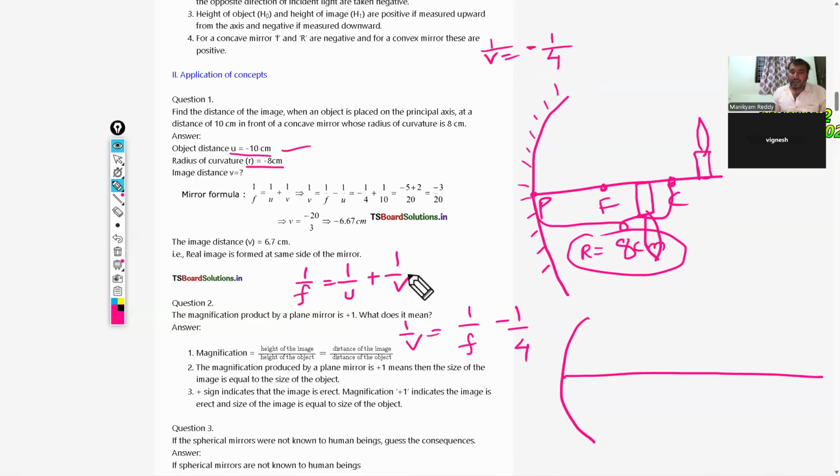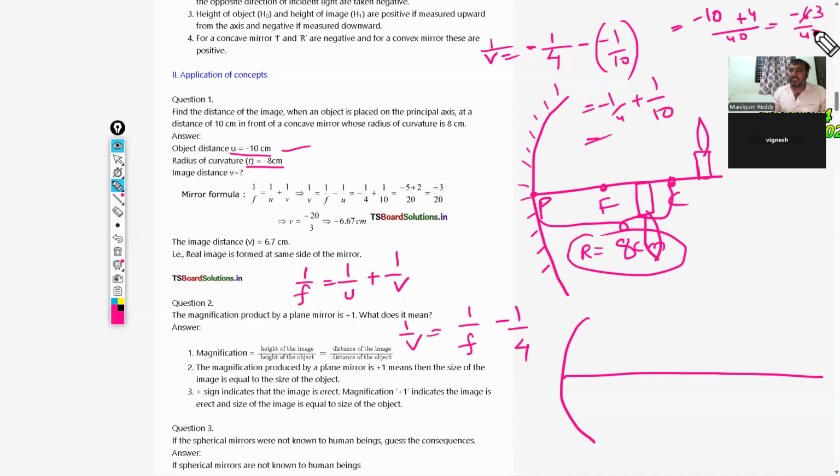1 by v is equal to minus 1 by 4, and minus of minus 1 by 10 gives plus 1 by 10. Minus 1 by 4 plus 1 by 10, the LCM is 40: minus 10 plus 4 by 40, that is minus 6 by 40.